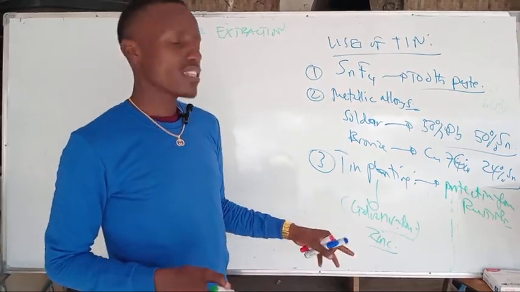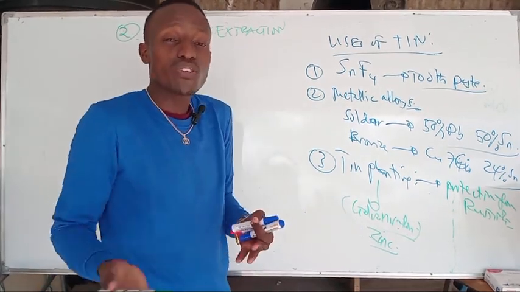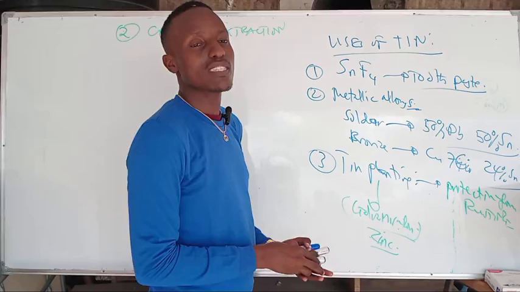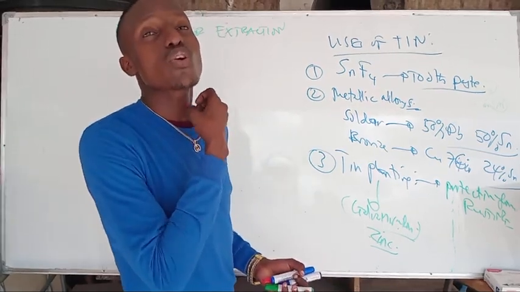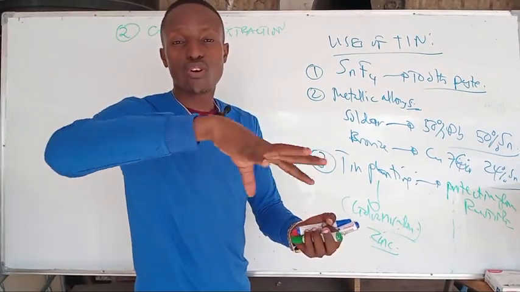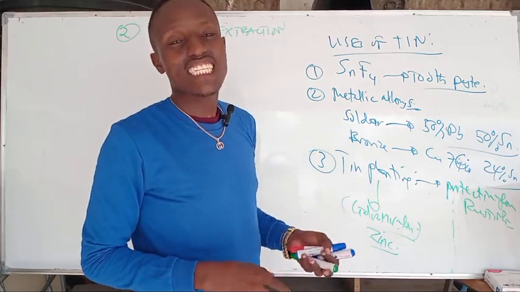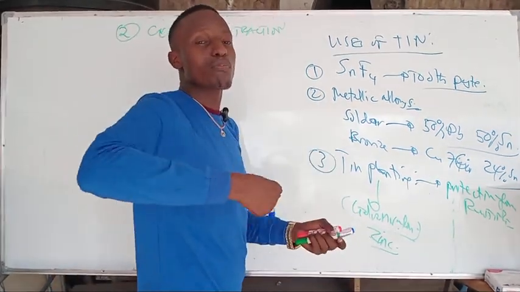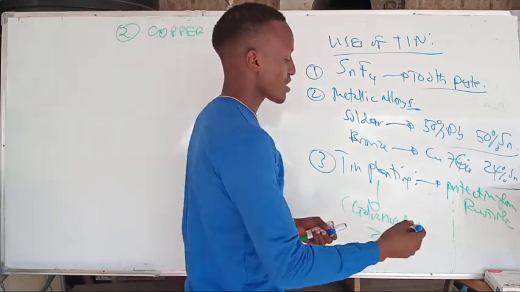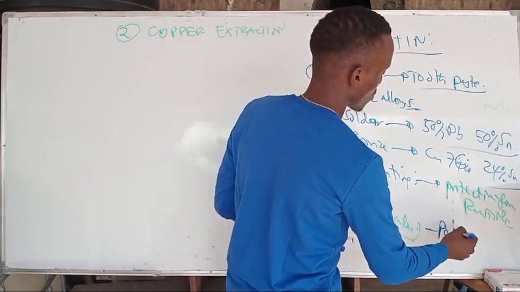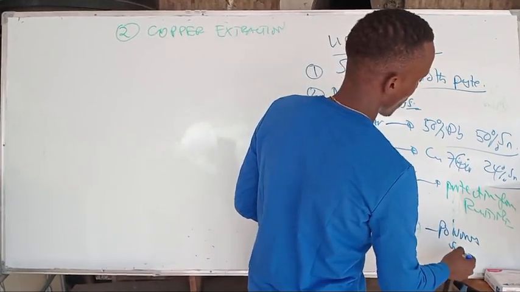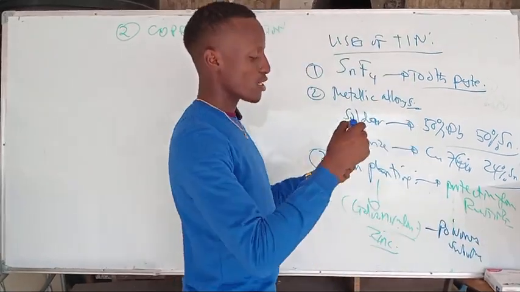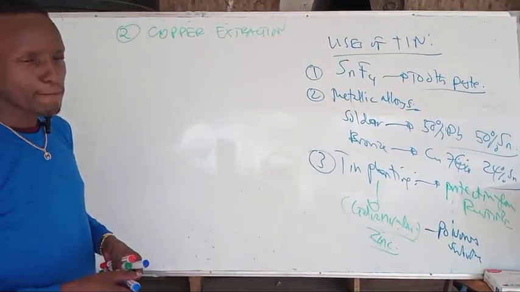The process of galvanizing is poisonous, so it can't be used to coat spoons and food containers. So we just use tin instead of zinc, because the process of coating with zinc involves poisonous substances. That's what we speak about the uses of tin.